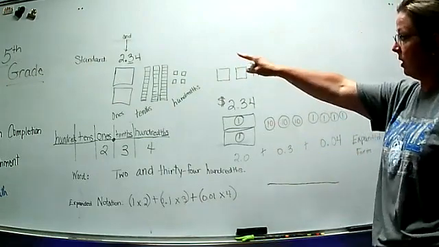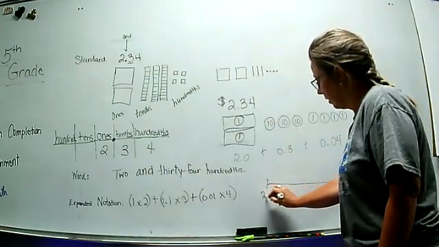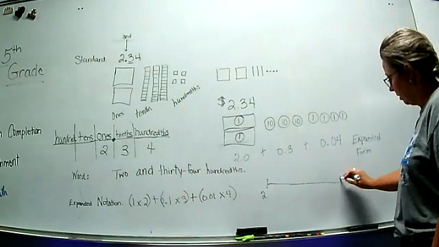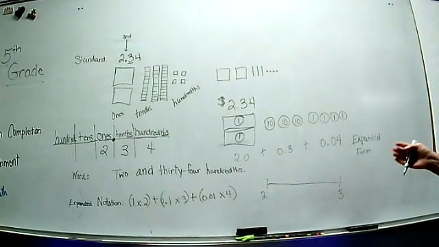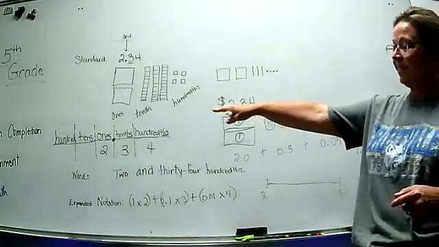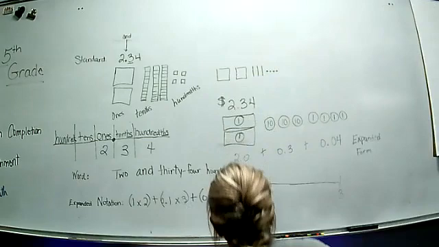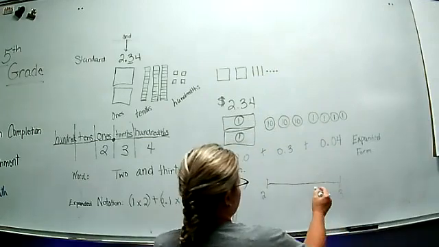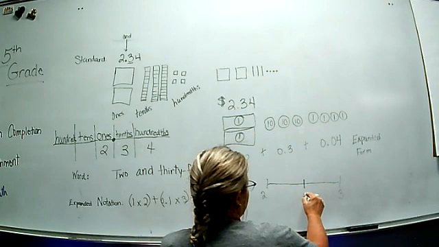So this number is 2 and 34 hundredths. So I would start my number line with 2. I would end my number line with 3. The segments in between are going to be tenths and or hundredths. So we would start, I always start in the middle so I don't have too many lines.